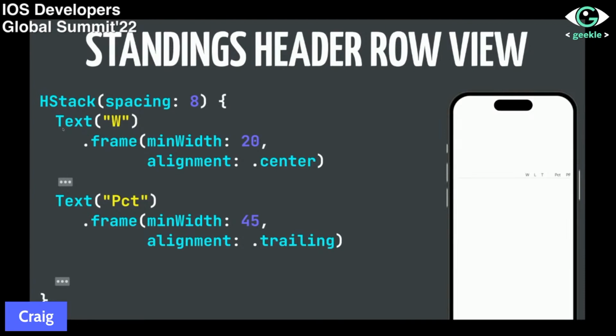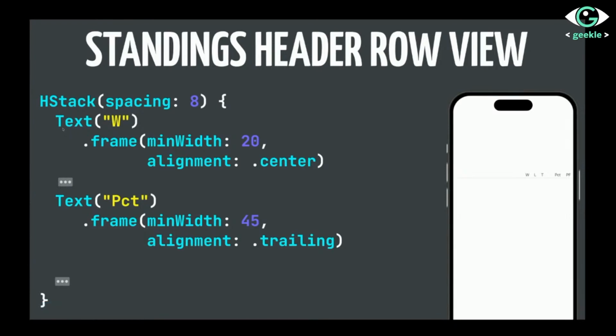But the key part of this particular code is the .frame(minWidth: 20). So I have to give it a minimum width, and the alignment center. So I'm able to give it an alignment, but it only affects this particular text view. So I have to copy the same alignment and frame in the data's part of it to make it kind of match. And you'll see what I mean in a minute.